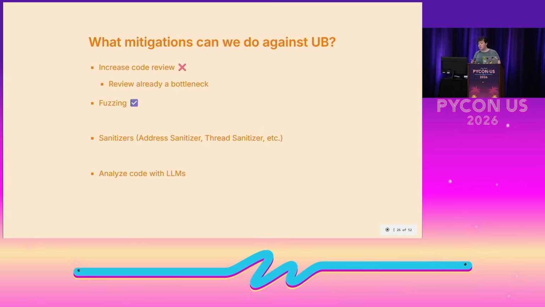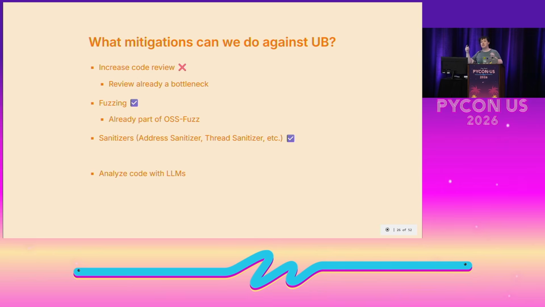You can also fuzz projects, and we're already doing this. Python's part of OSS-Fuzz, and we run fuzzing in CI. So that can catch some bugs, but we're already doing it. And it does find bugs. So it's not going to help beyond what we're already doing. There's also sanitizers, which we are already doing.